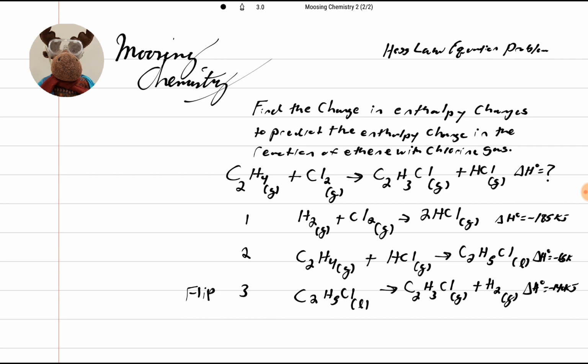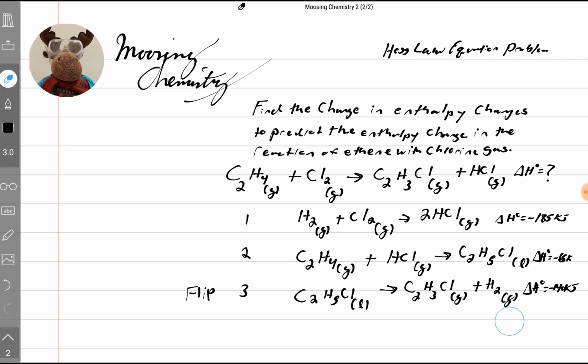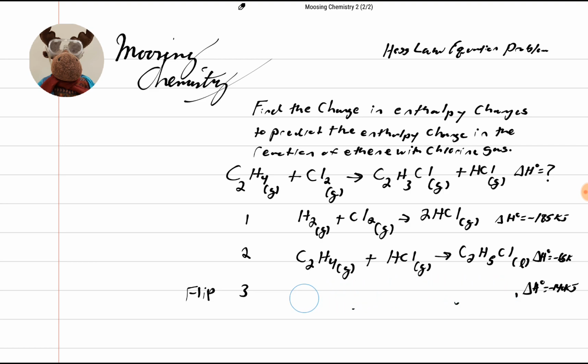So let me show you how I'm going to do that. I'm just going to simply take this and flip it, and I'm going to make it C2H5Cl, and that's going to be a liquid state, yields C2H3Cl, gas state, plus H2, which is also the gas state.